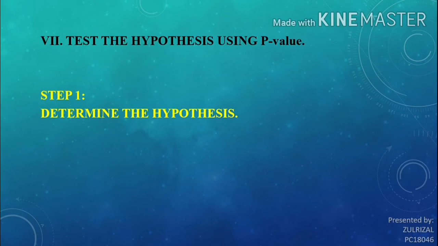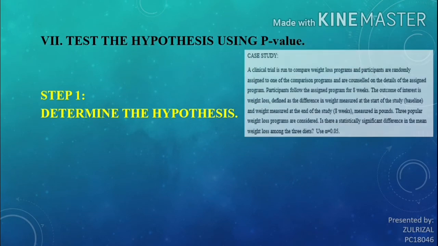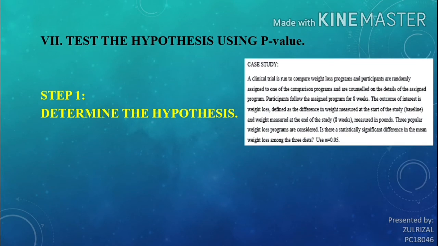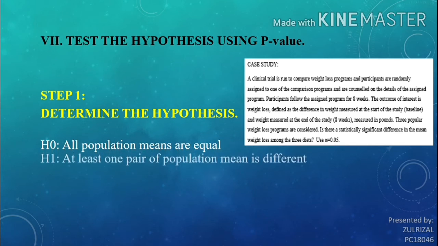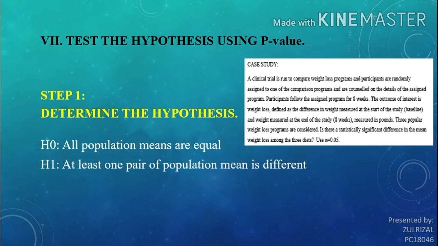Step 1: determine the hypothesis. After we read the case study, we can know the hypothesis. H0: all population means are equal, and H1: at least one pair of population means is different.